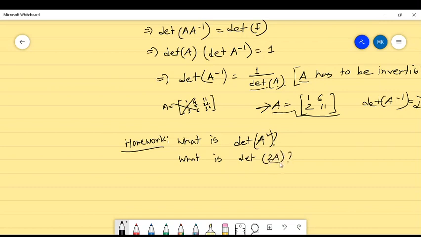So this 2A means we have multiplied 2 with every entry of that matrix A.